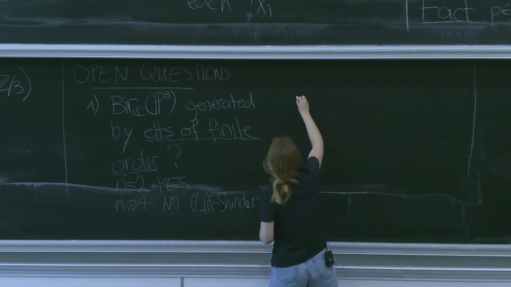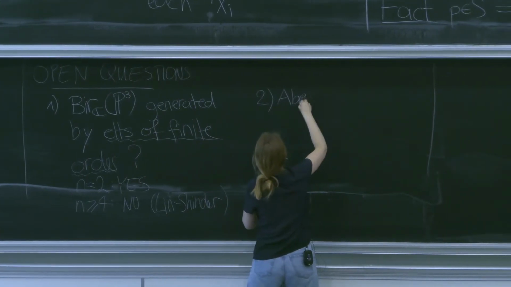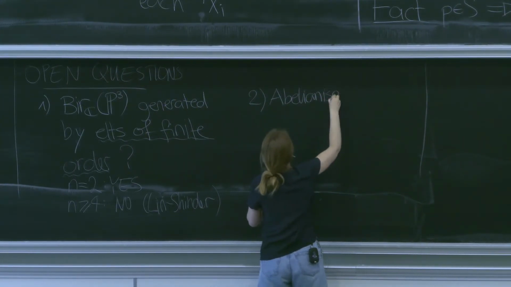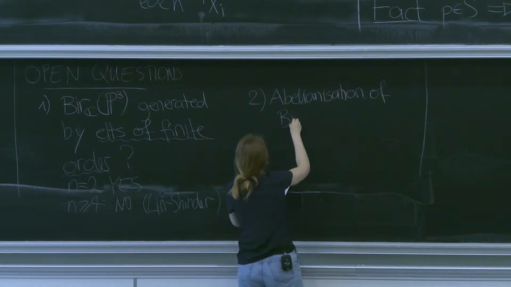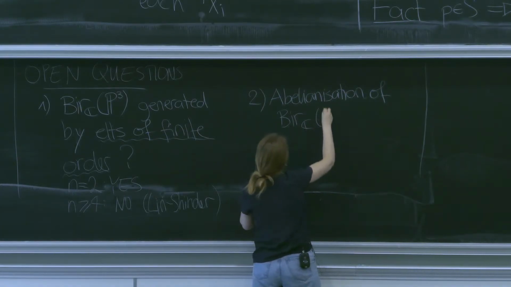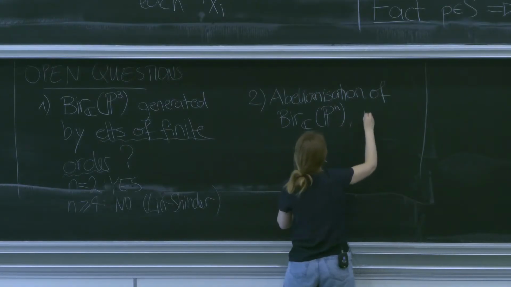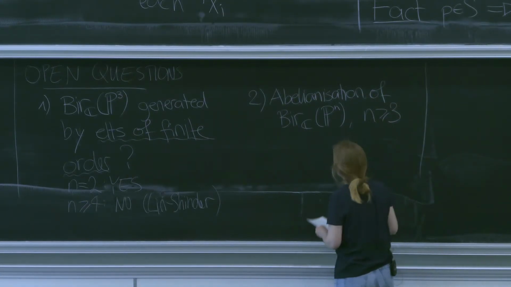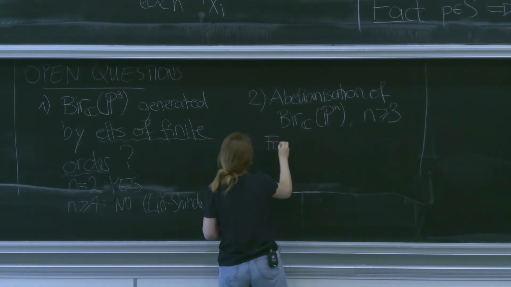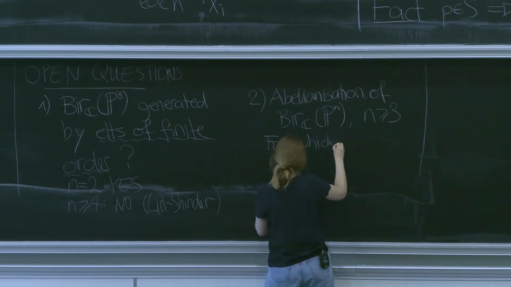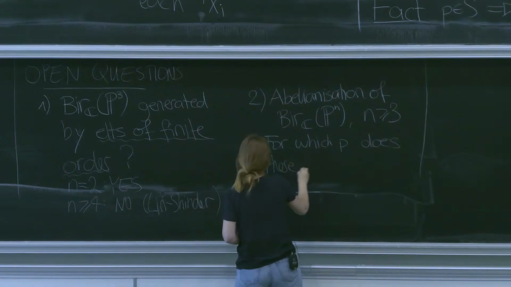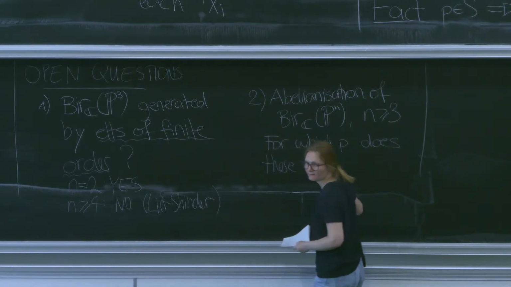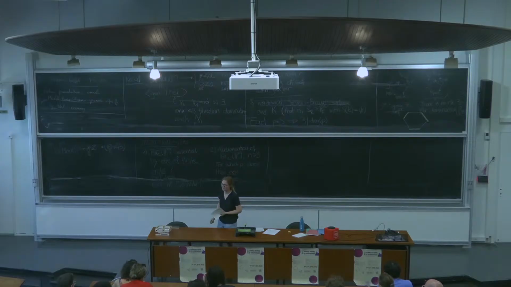Okay, and the second question is about the abelianization of a Cremona group, again complex, let's say for n at least 3. And so the question is, for which p does there exist, to me, it's completely open.